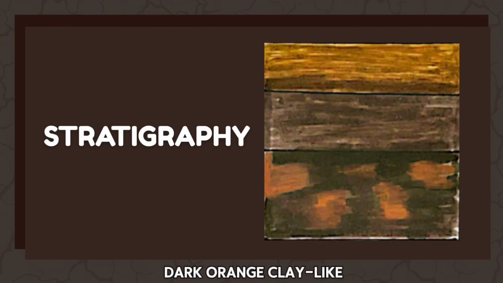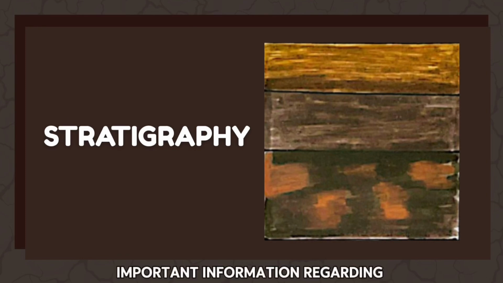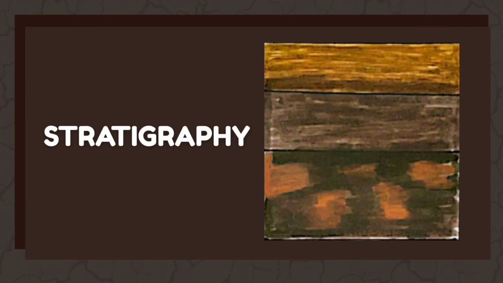Dark orange clay-like soil and embedded rocks were observed at greater depths, indicating increased soil compaction and stiffness. Overall, the investigation revealed distinct soil stratification and provided important information regarding the composition and engineering characteristics of the site.